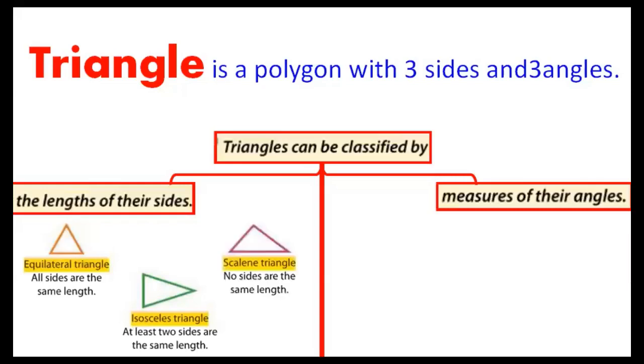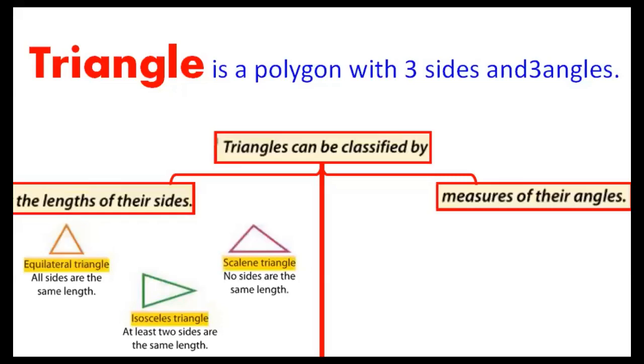Okay, scalene triangle. This is the third type according to the side lengths. When we have a scalene triangle, no sides are equal in length. 0 sides equal in length is scalene triangle.